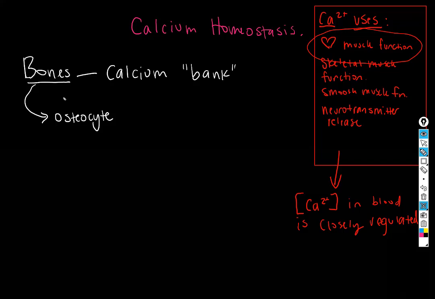So I'm going to put osteoblasts above osteocytes because an osteoblast is just an osteocyte that is not grown up yet. So when osteoblasts completely surround themselves with bony matrix, then they're considered osteocytes. And then osteoclasts.